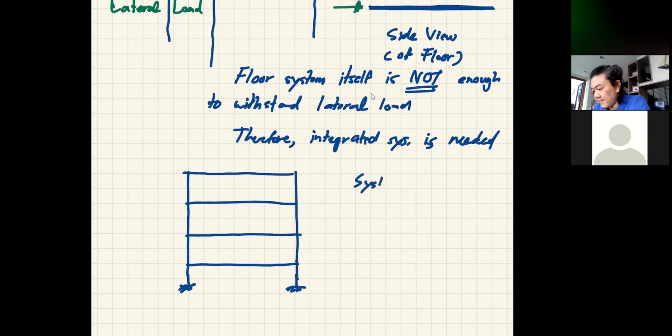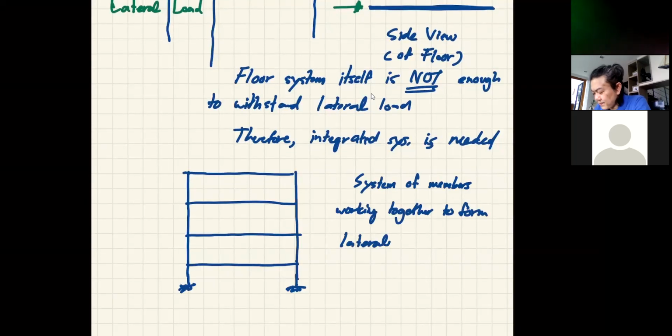So this is the system of members working together to form the lateral system, the lateral load system.